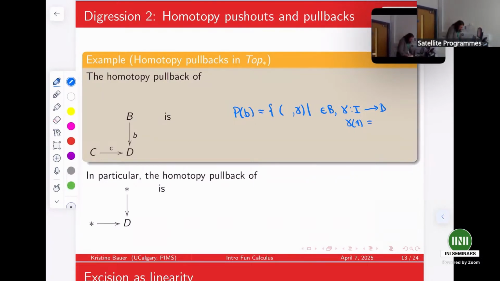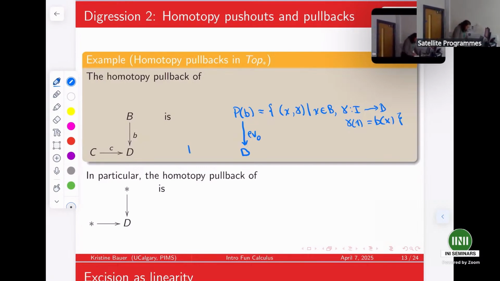My points are usually named with lowercase letters, but in this case, I named them maps. So this should be b of x. And then I'm going to send this by evaluation of gamma of 0 to D. It was, after all, a path in D, and I'm just deforming b of x homotopically to wherever the other endpoint of that path is.